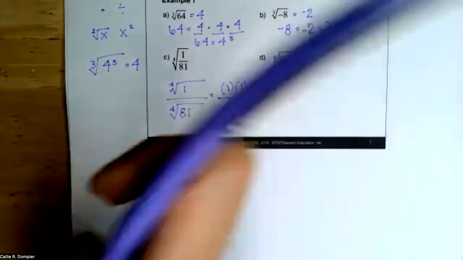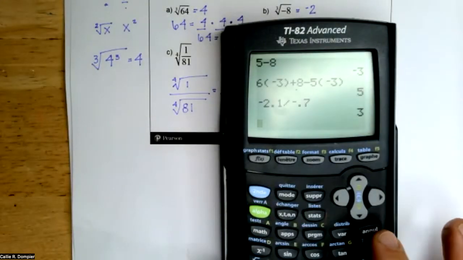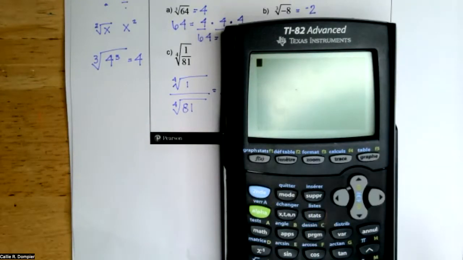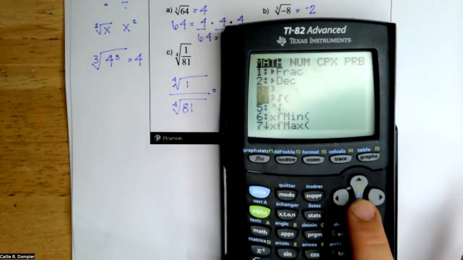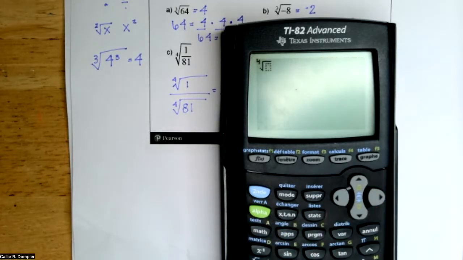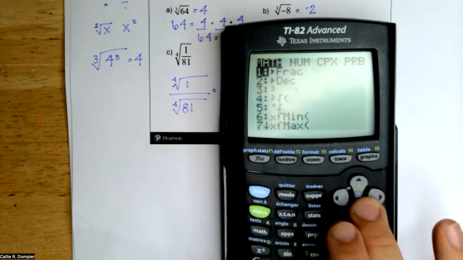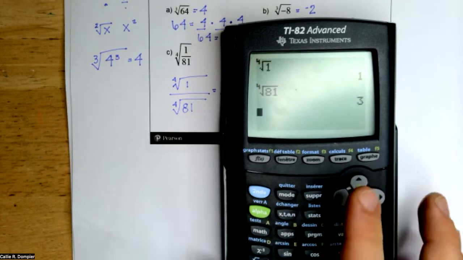Okay. And if you don't have it, on a TI calculator, you can go to math. Oh, sorry, you should write it first. So I want to take the fourth root. So I put in the number 4, go to math, and that fifth option, and it puts the 4 up there. So the fourth root of 1 is 1. The fourth root of 81 is 3.